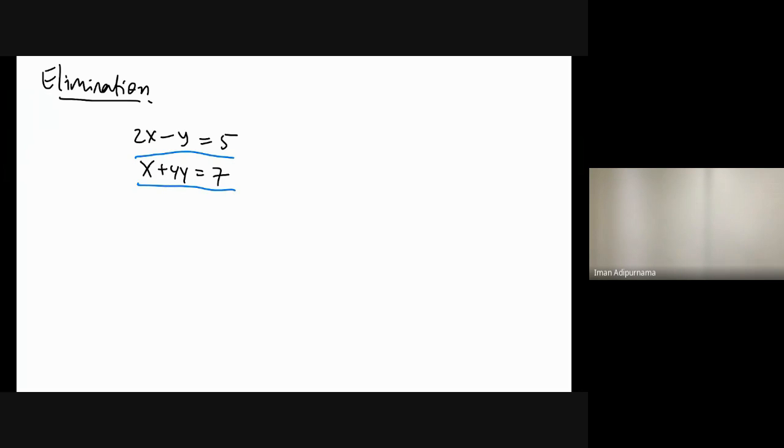We need to eliminate either x or y, and we can choose based on our preference. Let's say we try to eliminate x. So we multiply this by 2, which becomes 2x plus 8y equals 14, and then we subtract these equations.